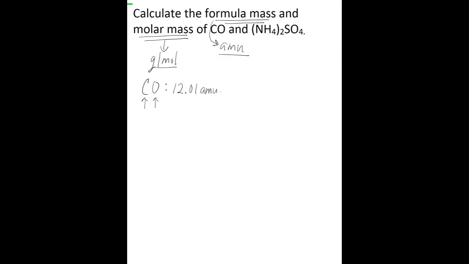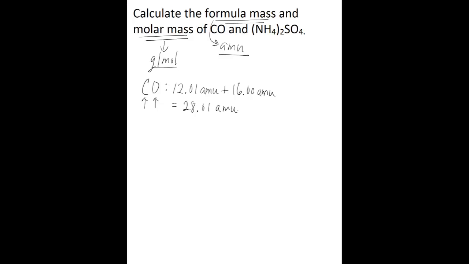So you'll find that when you look it up in the periodic table. And then you add the atomic mass of oxygen, which is 16.00 AMU according to the periodic table. And when you add the two together, what you get is 28.01 AMU. So this would be the formula mass for carbon monoxide.